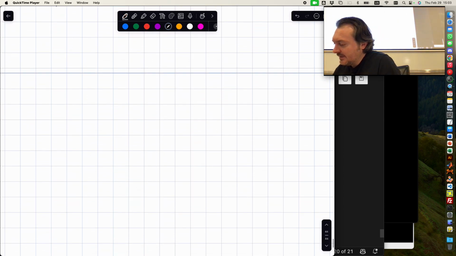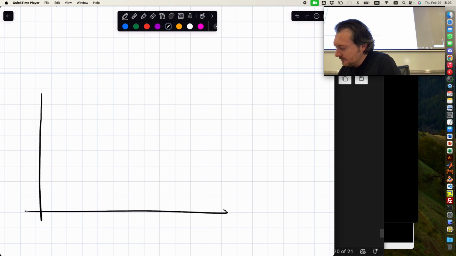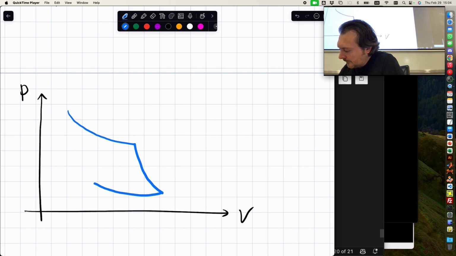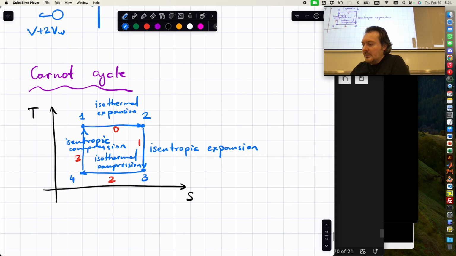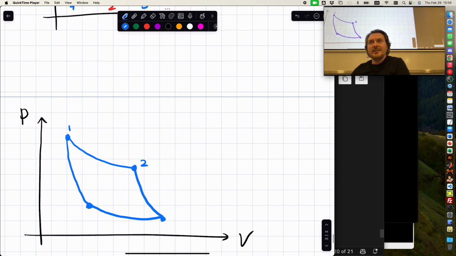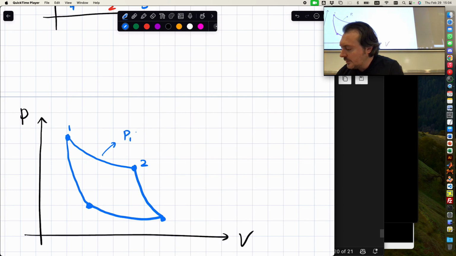So let's remember the PV diagram for this. It looks like this. When you go from 1 to 2, it's an isothermal expansion, so P times V is equal to P1 times V1, or in other words, PV is constant.